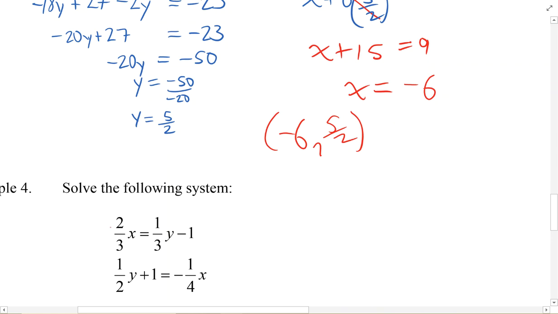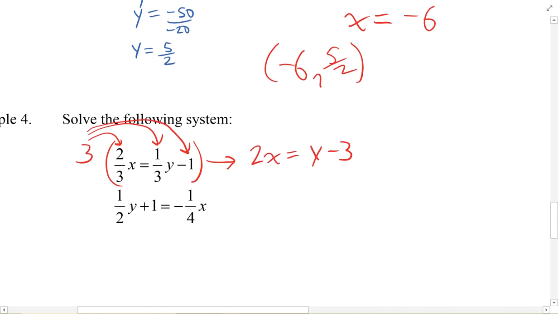So what would I multiply the top one by to get rid of my fractions? 3. So I'm just giving a facelift, changing the appearance. And like I said, 3. Times it in, times it in, times it in. So we're going to get 2x equals 1y minus 3.